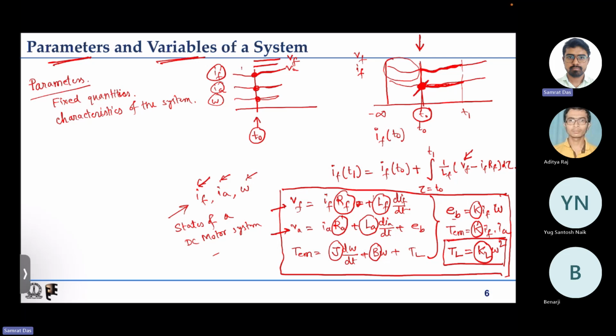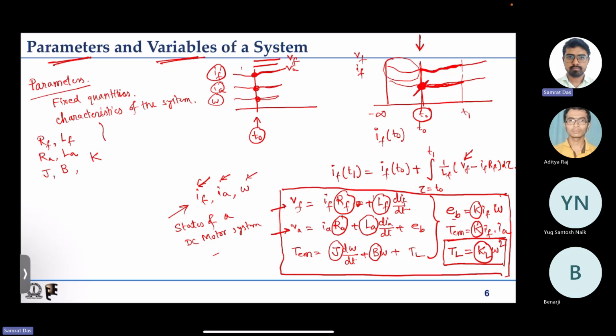Other than that, we have the field winding resistance and inductance, the armature winding resistance and inductance, the mechanical system J and B, and the constant K related to the electromechanical energy conversion, that is, speed to EMF or current to torque.